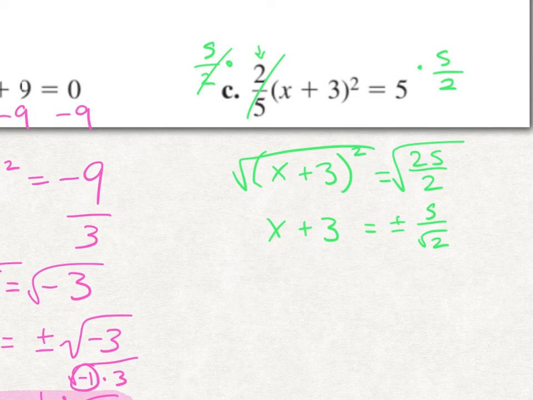We can't have a square root in the denominator, but we're just going to leave it for now. What do we need to do next to solve for x? Subtract 3 on both sides. So we have x is equal to plus or minus 5 over square root 2 minus 3.